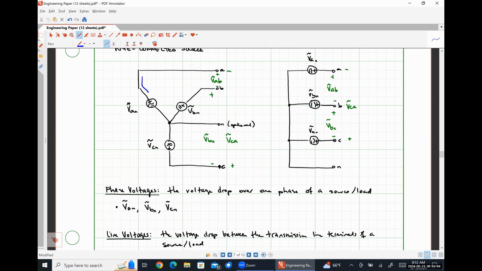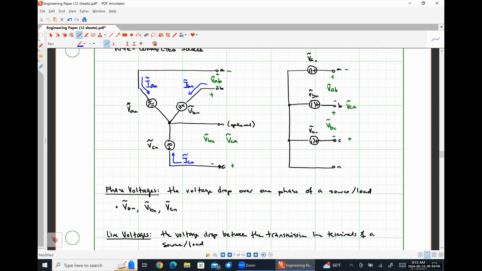So we will have a phase current here. That is IAN. We'll have a phase current here. That is IBN. And we'll have a phase current here.